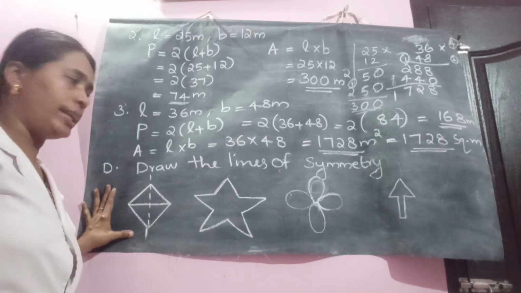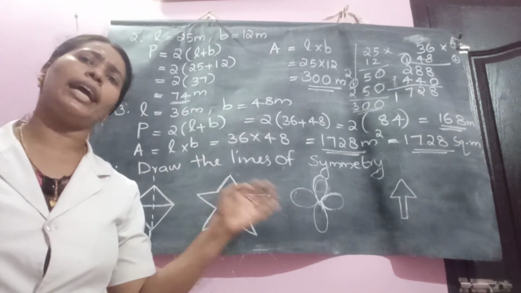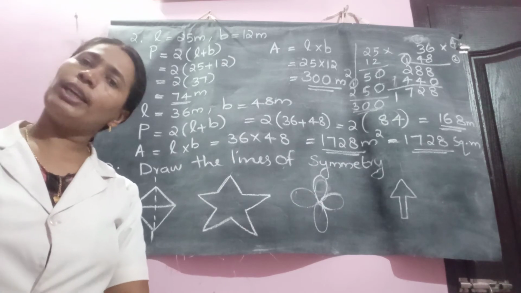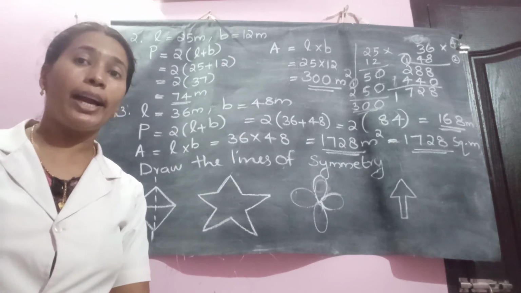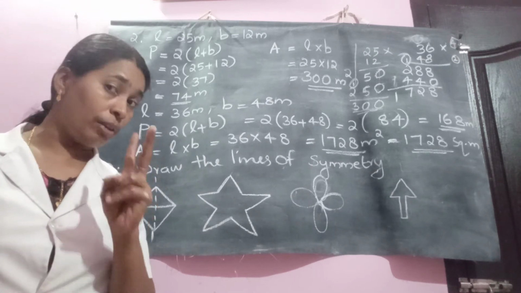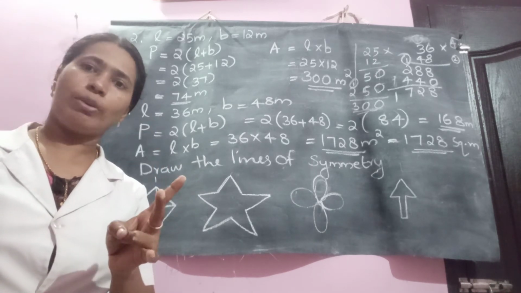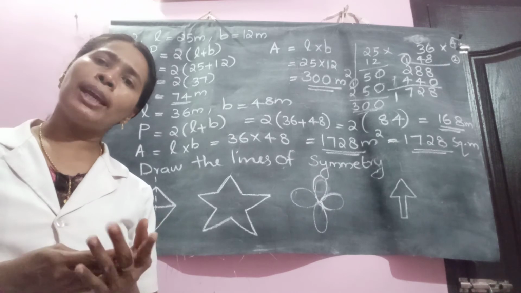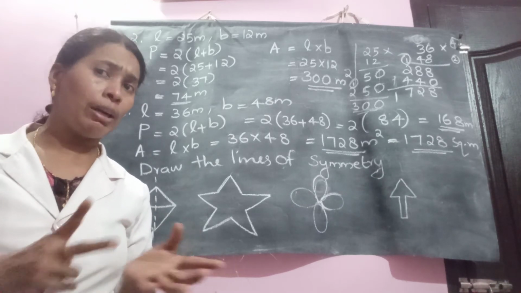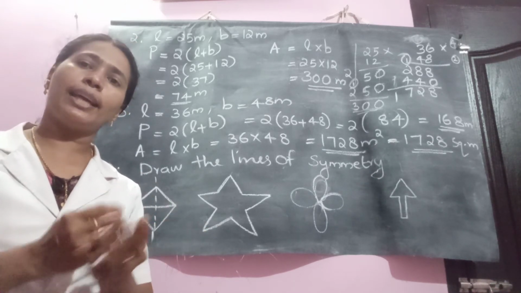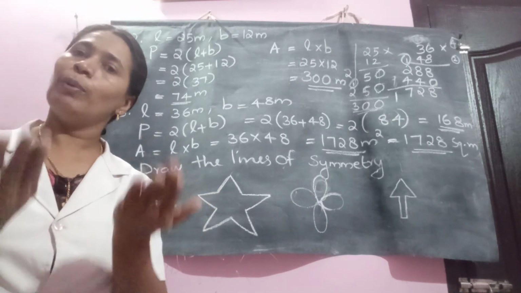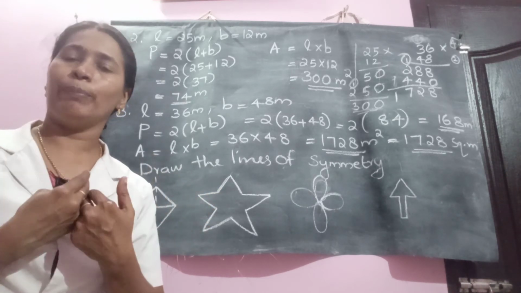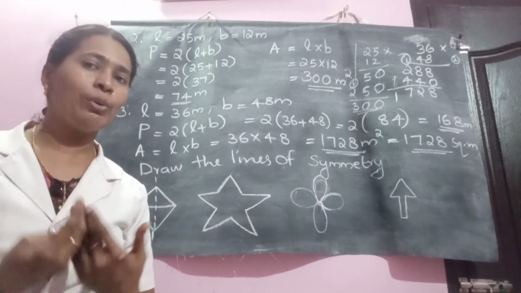So let us study what is symmetry and what is line of symmetry. When a figure is given to you, suppose you are going to divide it into two parts. Sometimes we can see that on some cuttings both pieces are the same.